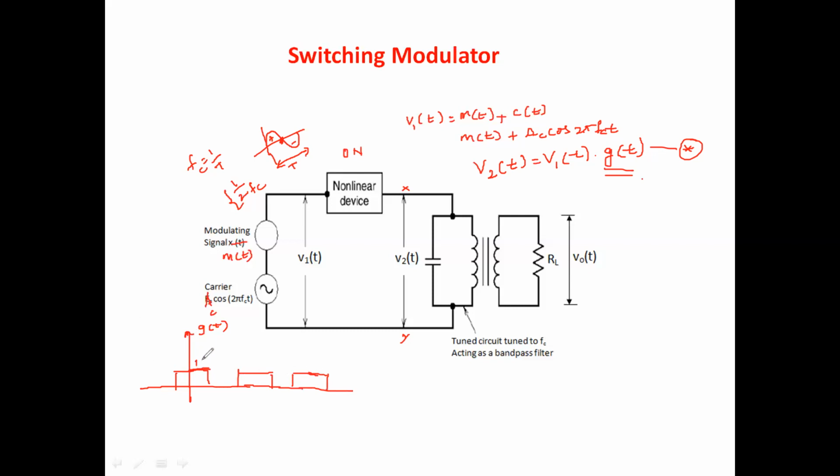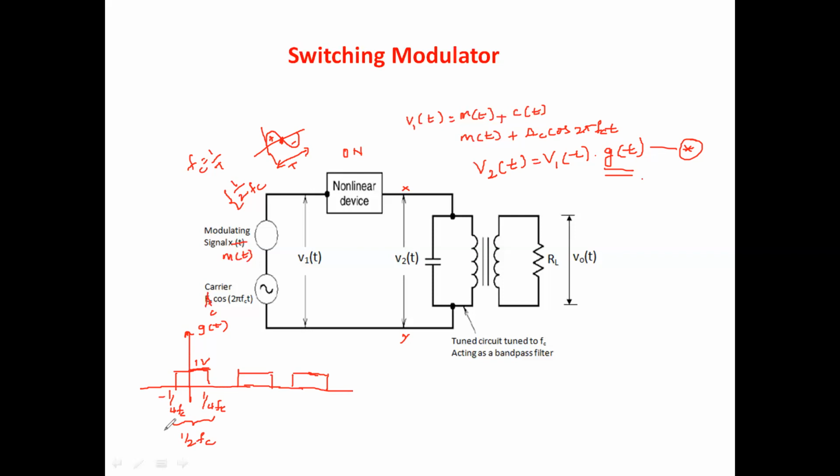Let me take the amplitude as 1 volt. Since it is for half a cycle, 1 by 2 fc, I take it as 1 by 4 fc on each side. So totally it will be 1 by 2 fc.